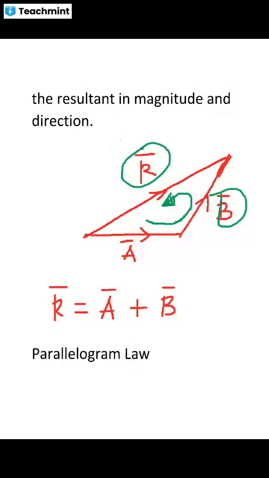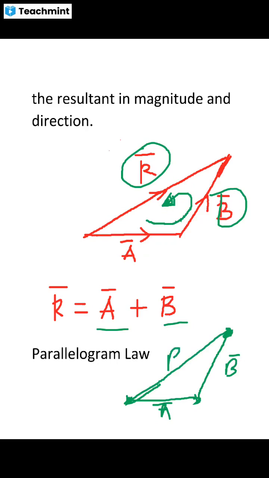So how do you write that? We write R as the sum of vector A and vector B. Look at it. We have a vector starting from here and ending here; we call it vector A. We have another vector starting from here, ending here; we call it vector B. Then there's a vector joining the beginning of A to the end of B. That vector is summing A and B together.